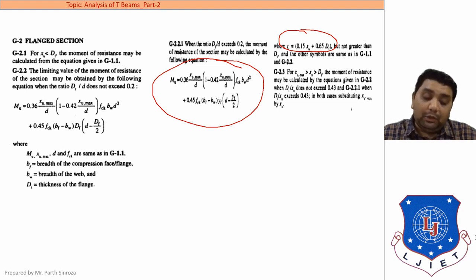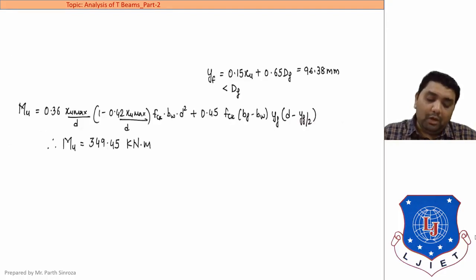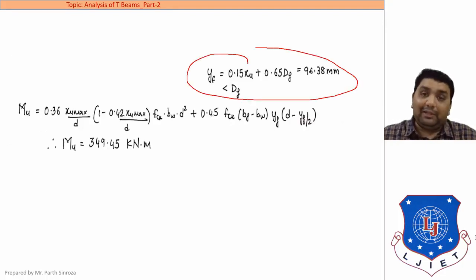It is equal to 0.15 XU plus 0.65 DF. XU we have calculated and DF is given in the question. YF comes out to be 96.38 mm, which should always be less than DF.